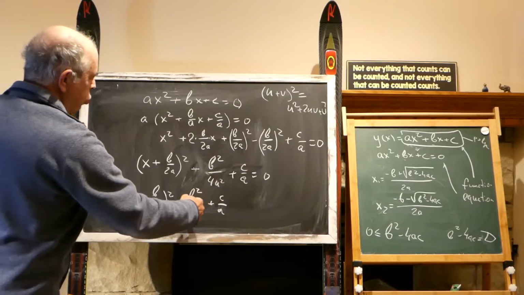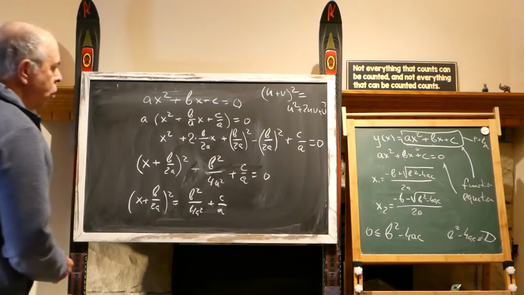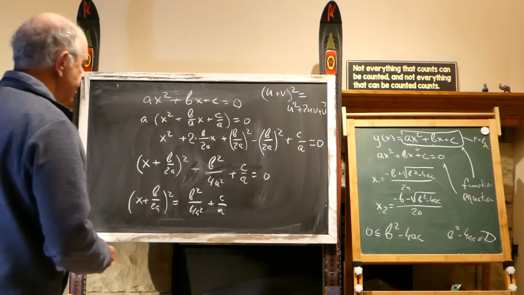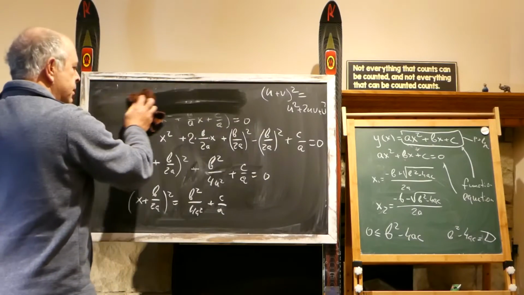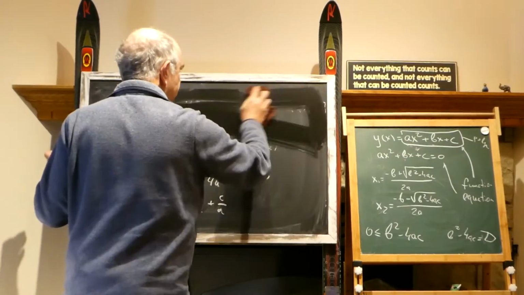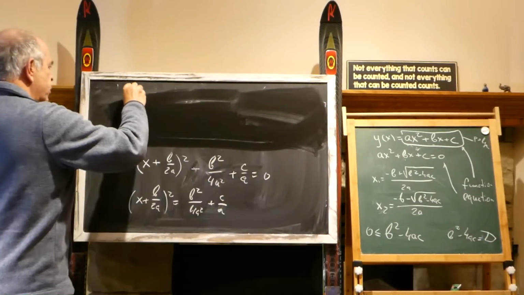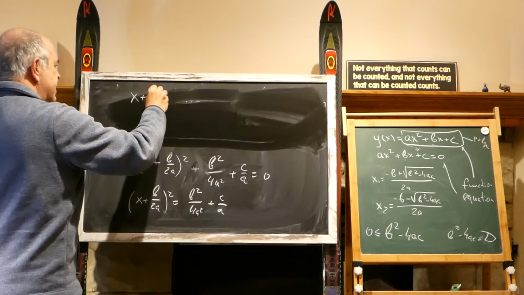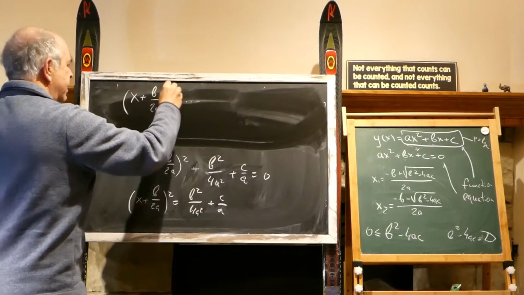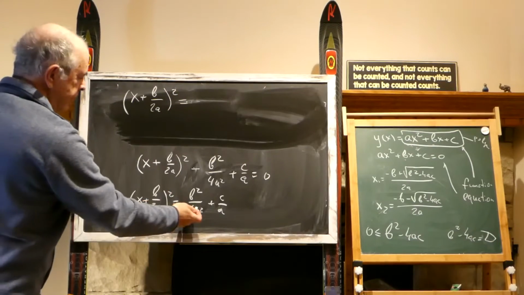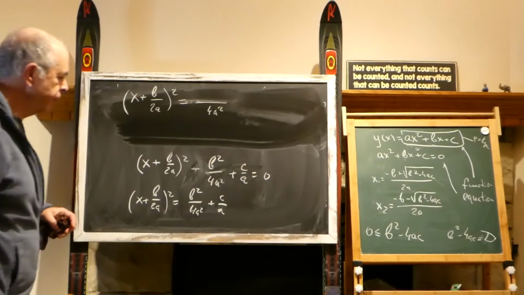And now I want to come to the common denominator, so I'm running out of space, but that's okay. Let me delete all of this and continue writing on top. So I have x plus b over 2a, squared, equals, common denominator here is 4a squared, right?